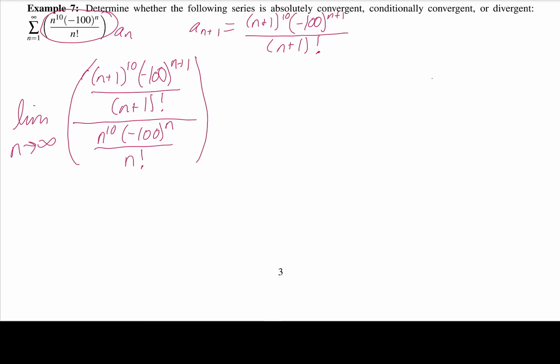And then we'll take our absolute value. The only reason I'm using green is to make sure I don't lose track of these absolute value signs in this mess of an equation.